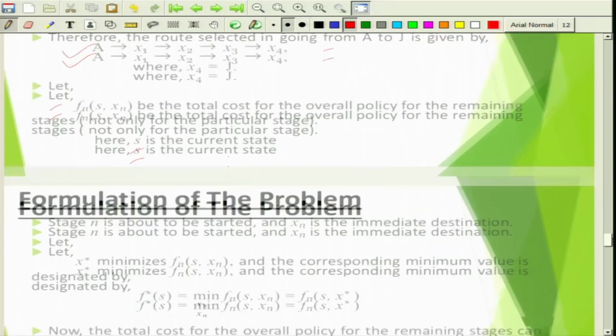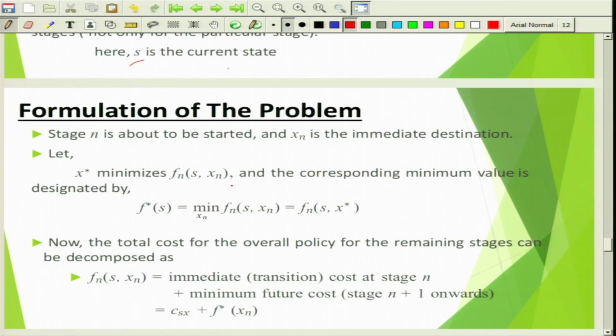Stage n is about to be started and xn is considered to be the immediate destination, s is the current state. Let x star minimize Fn of s comma xn. That means to move from the current state to the next immediate destination, there is a particular point which will give you the most economical path, and the corresponding minimum value is designated by Fn star of s.